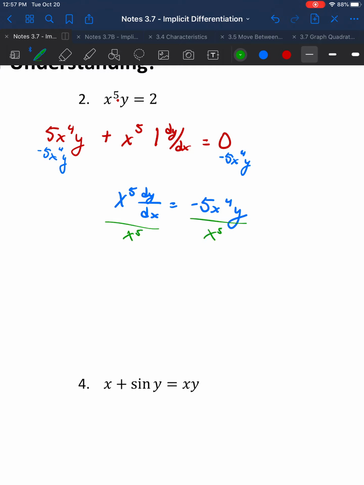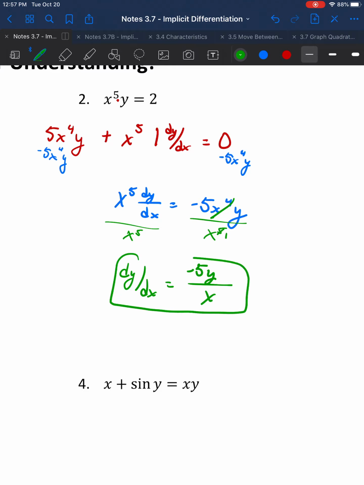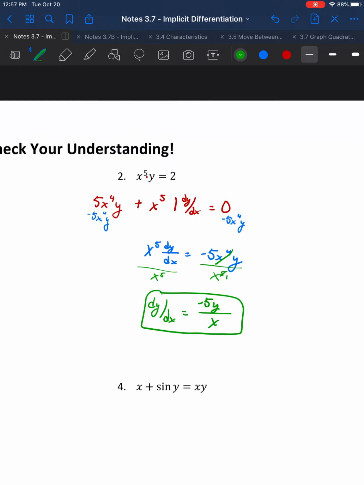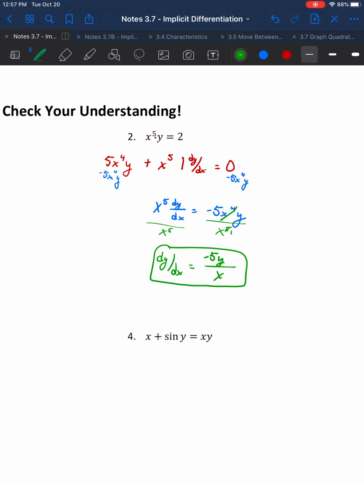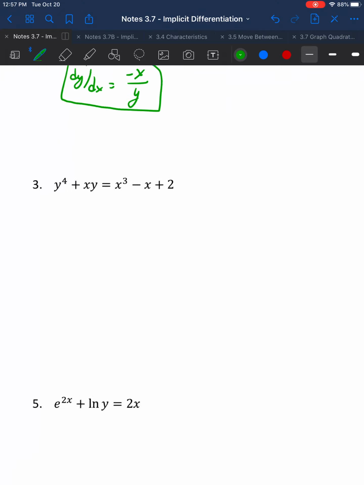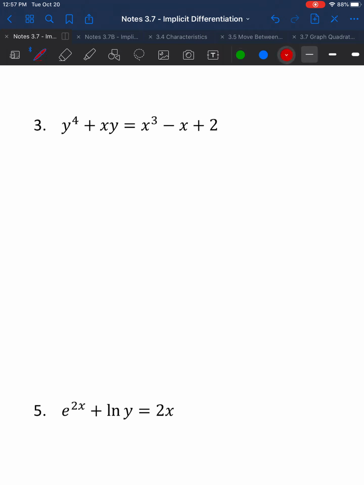I want dy/dx by itself, so I'm going to take this term that does not have the dy/dx over to the other side. And then I'm going to divide both by x to the 5th. I can reduce again because I've got an x to the 4th over x to the 5th, so those would cancel, leaving me with negative 5y over x.